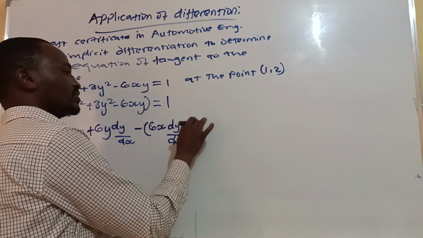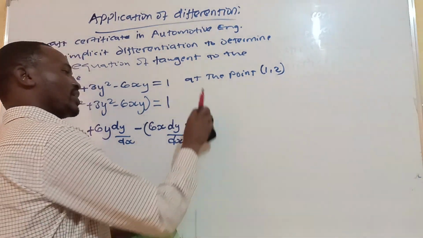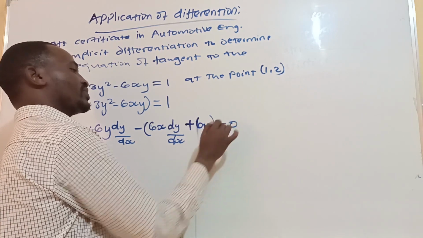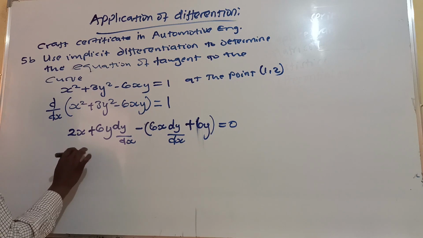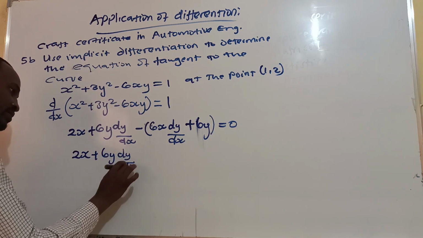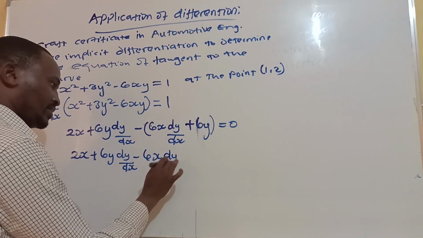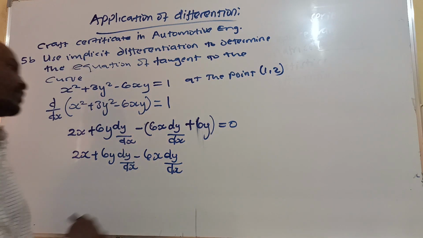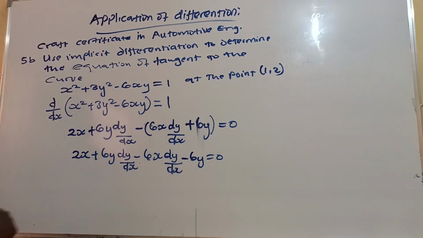Our v is y, and when you differentiate 6x, we get 6, so that is 6y. On the other side of the equation it will be equal to 0. So if you open that bracket, it will be 2x plus 6y dy/dx minus 6x dy/dx minus 6y is equal to 0.